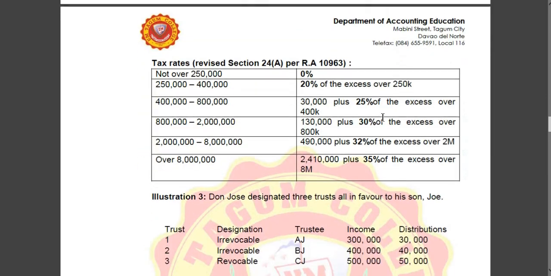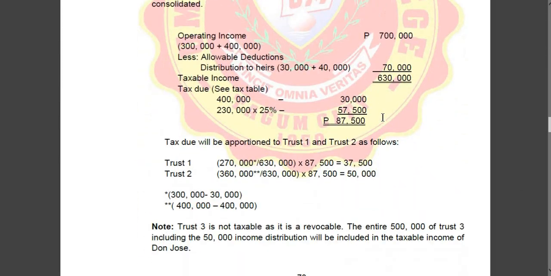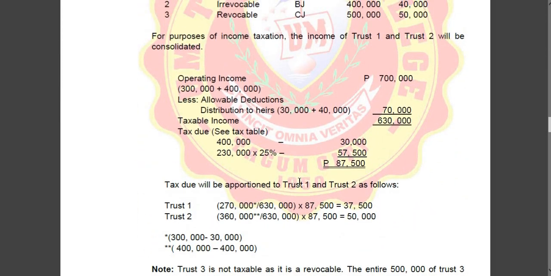So let's go back to the illustration. Tax due will be apportioned to Trust 1 and Trust 2 as follows: 270,000 divided by 630,000 times 87,500 equals 37,500, and 360,000 divided by 630,000 times 87,500 consolidated income tax equals 50,000. Again, the total is 87,500.